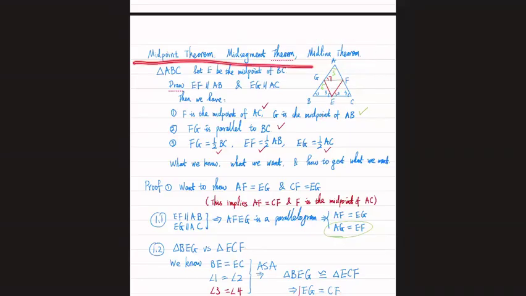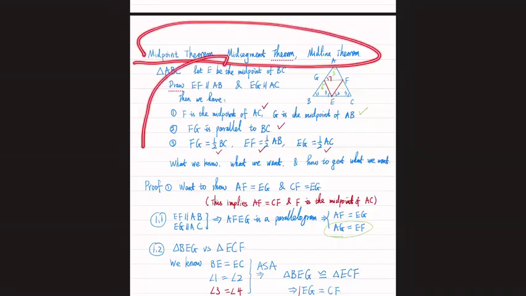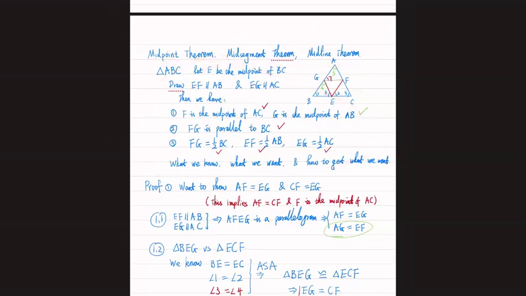So 3 different names for the same theorem with different emphasis. The first one emphasizes the points, all 3 points are the midpoints. The second one focuses on the segments, they're all midsegments. The last one focuses on the lines through the midpoints.